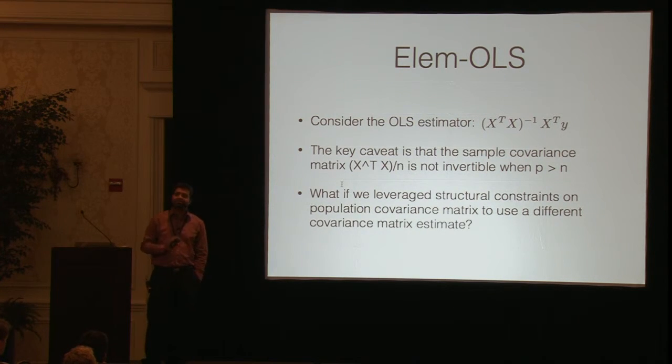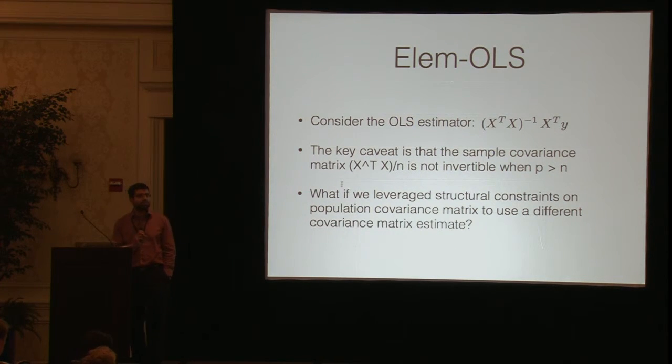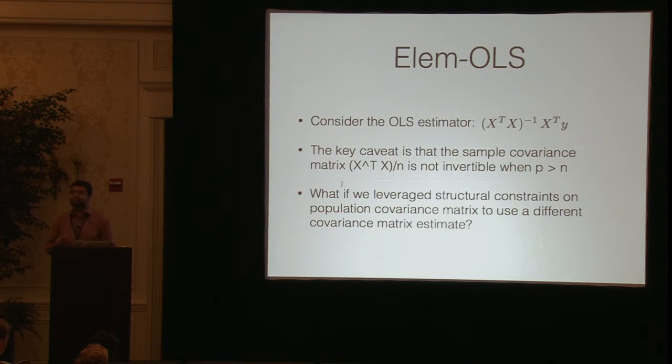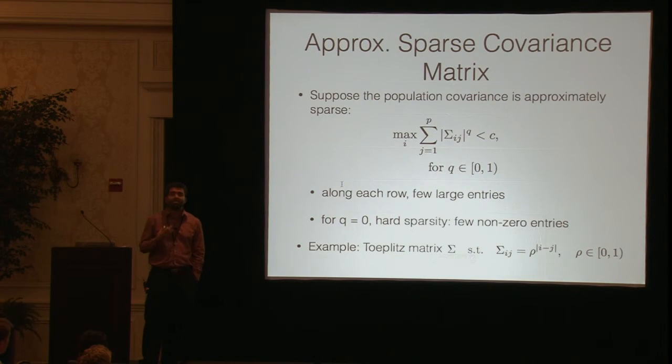But what if I give you additional bits of information? What if I tell you that the population covariance matrix of X satisfies some conditions? Then you might be able to leverage these conditions to get estimators that are available in closed form.